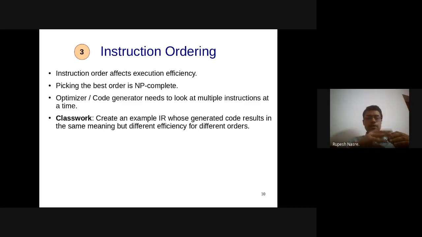I can replace it with B, use it, and then when A comes, I need to load it anyway. I'm just giving one simple example, but you can see that if you push things arbitrarily without noticing the later use of that variable, then the register might get underutilized. So that improves efficiency.